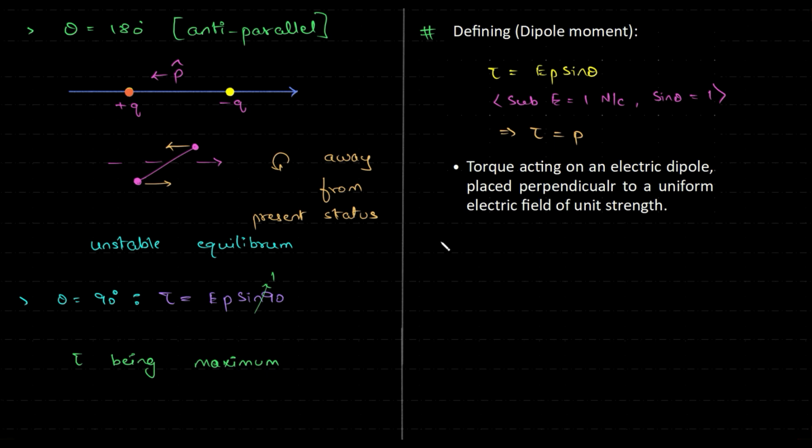Because everything else will be 1. So the dipole moment will be equal to the torque acting on an electrical dipole placed perpendicular, the direction is also to be mentioned, to a uniform electrical field of unit strength. That is nothing but your dipole moment. Actually, the statement is wrong. I mean, incomplete, more than wrong. This is incomplete.